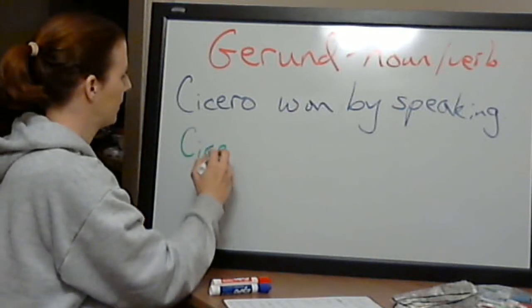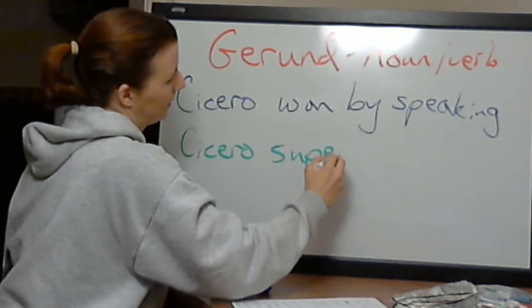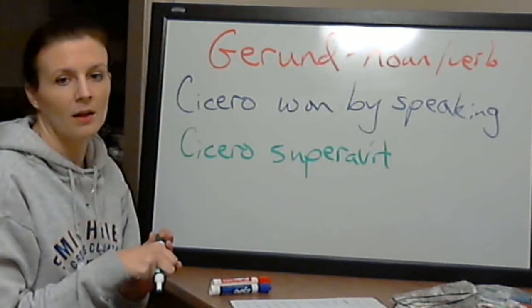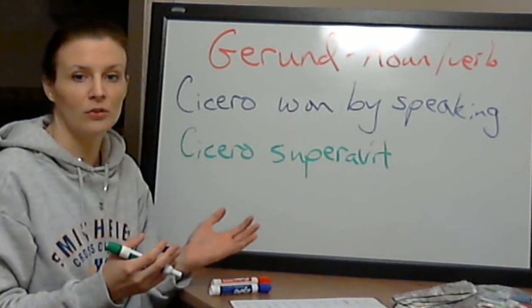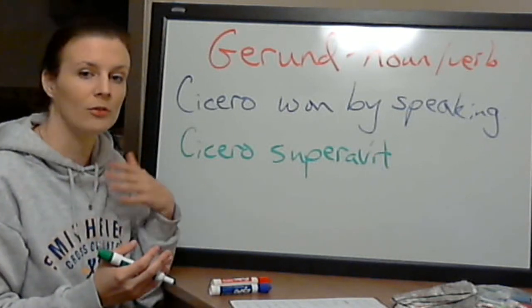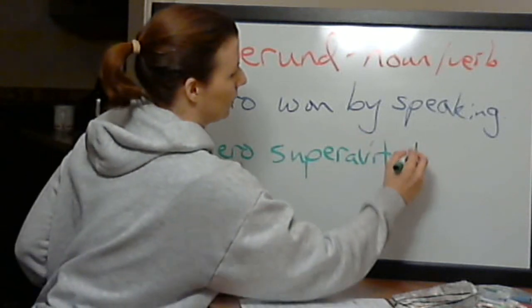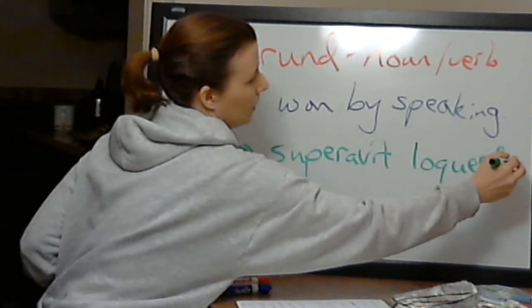We have our beloved Cicero. He won, so I'm going to use supero, superare, by speaking. We don't have to put a preposition in here. Like with so many of our ablatives, we really just need the form, and in English we have to supply the preposition. For a Roman, they would have understood the context for it. So let's use that same loquendo.